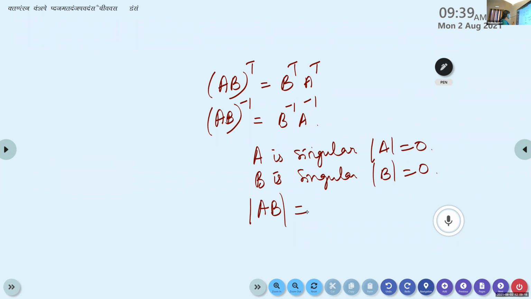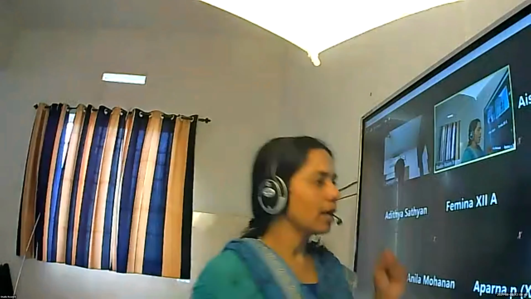What is the property we have learned for determinant AB? Determinant AB is the same as determinant A into determinant B. If either A or B is singular, then AB will also be singular. Is it clear?